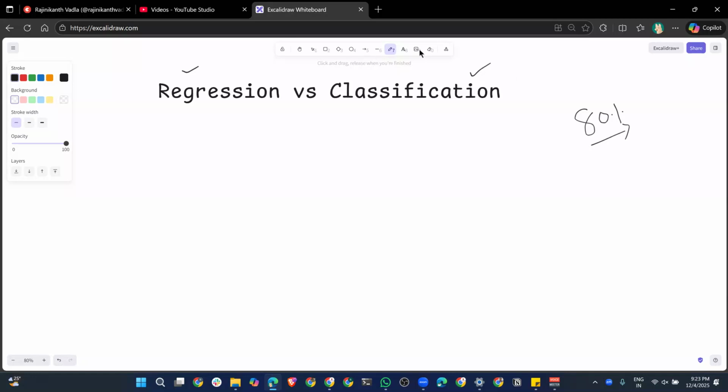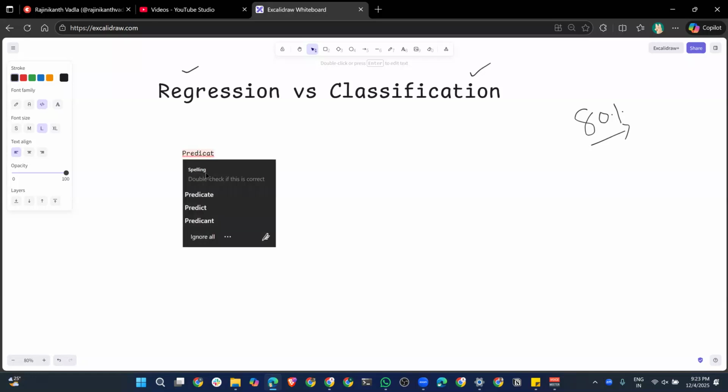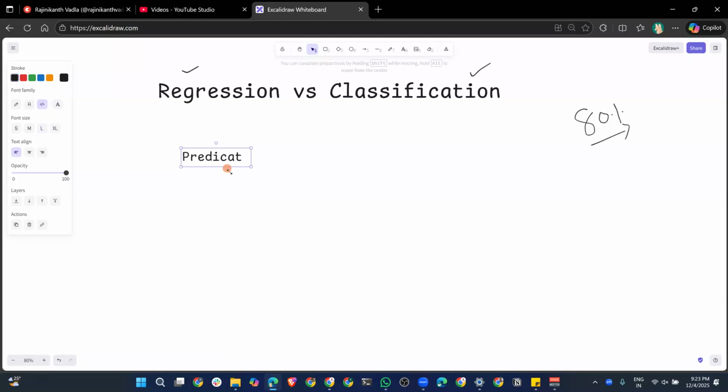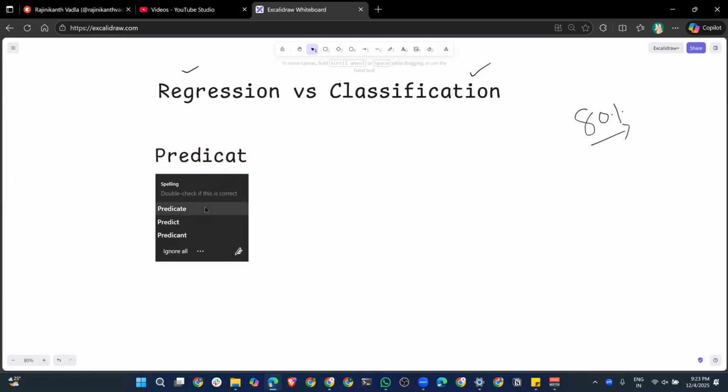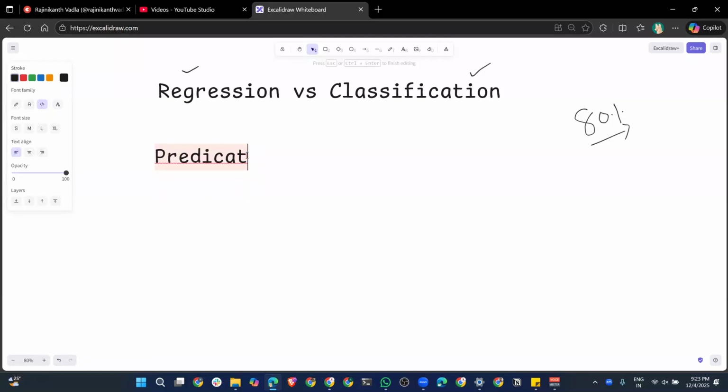So when you talk about predicting the number, when you predict a number, any number, that is called regression.